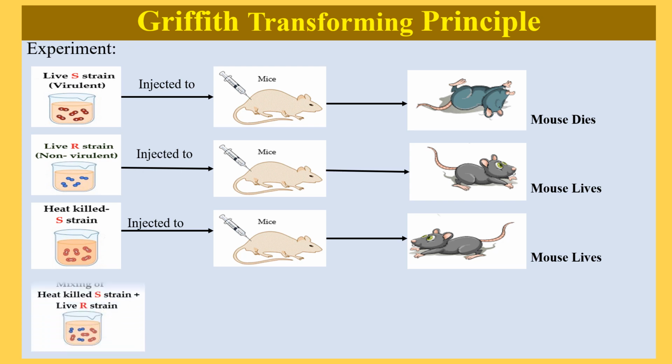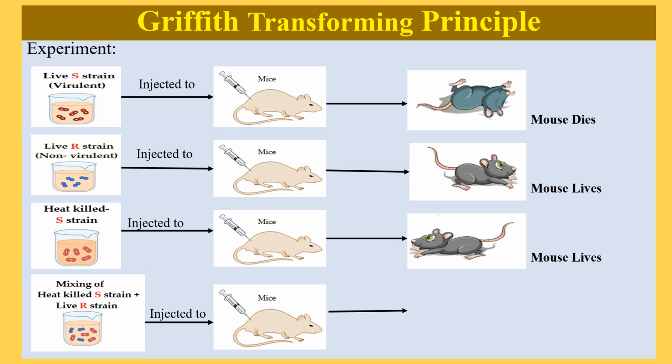Lastly, he took a mixture of heat-killed strain and live strain and then injected it into the mice. As you know, heat-killed strain does not cause pneumonia, and live R strain also does not cause pneumonia. Then what is the result?